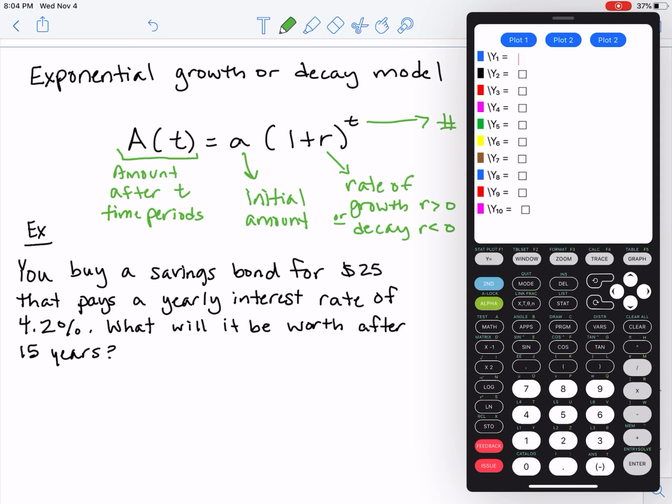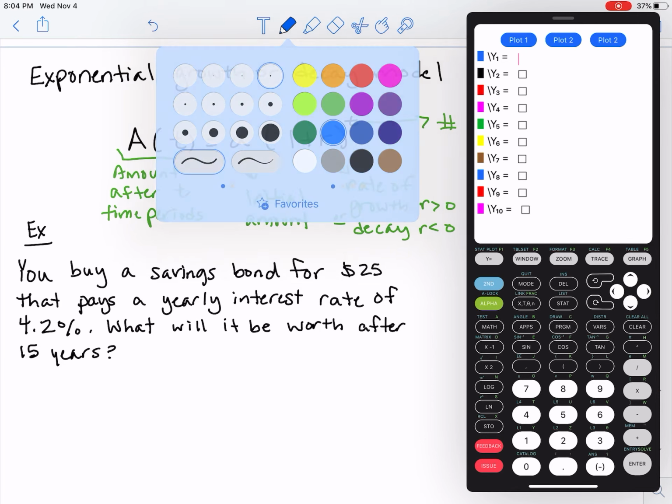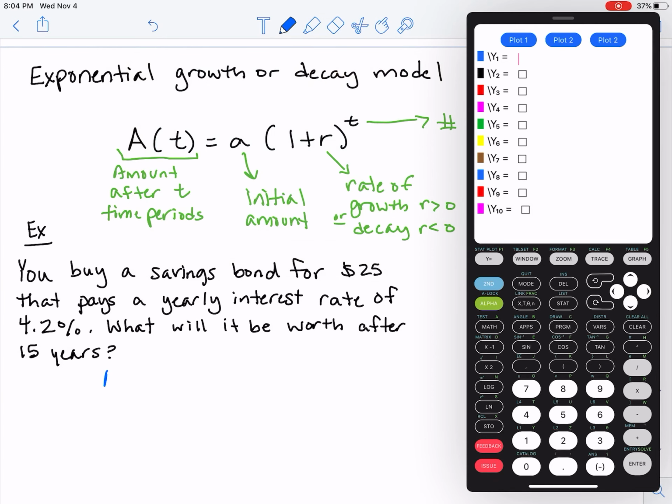So in other words, I want to know, what is the amount after 15 years, the initial value, $25, 1, well, if it's going to gain interest, that's going to be a growth, so plus 4.2% in a decimal is 0.042, and that's going to be raised to the 15th power.